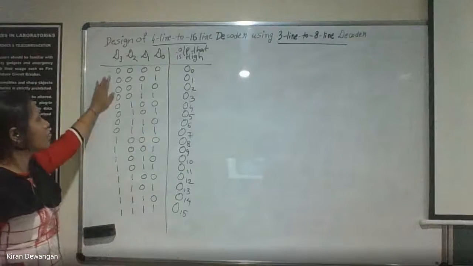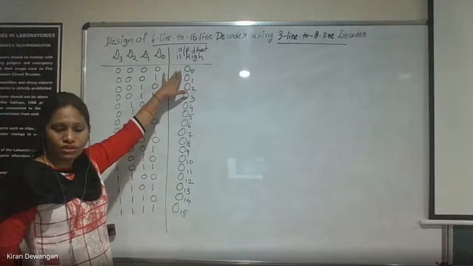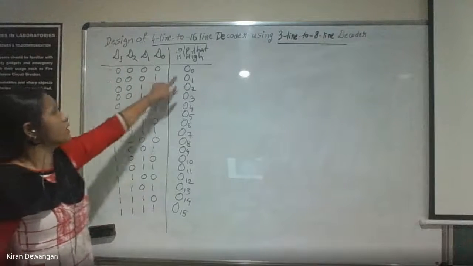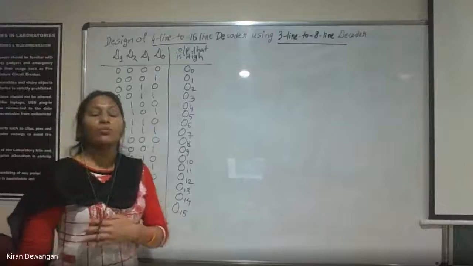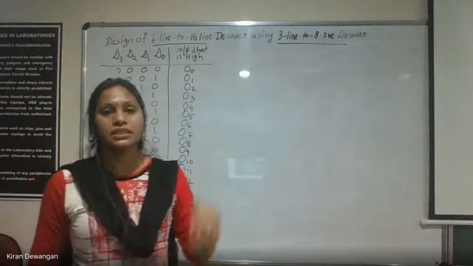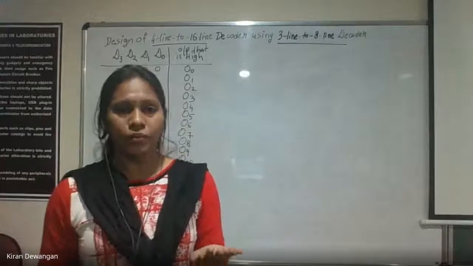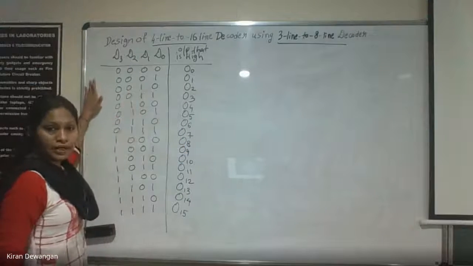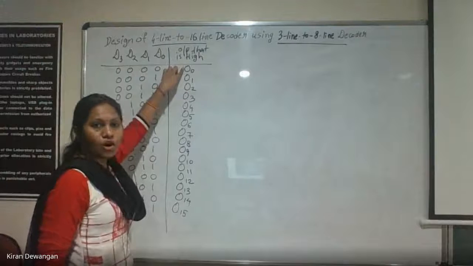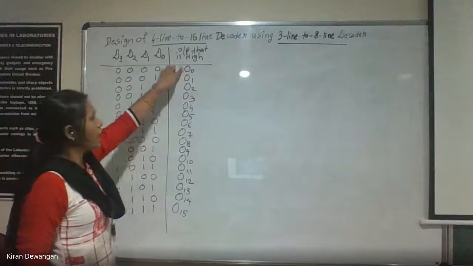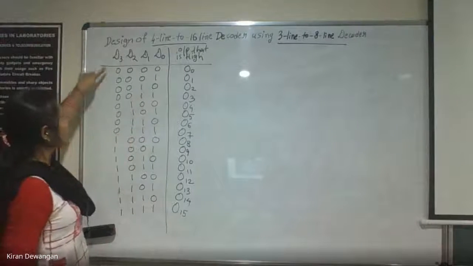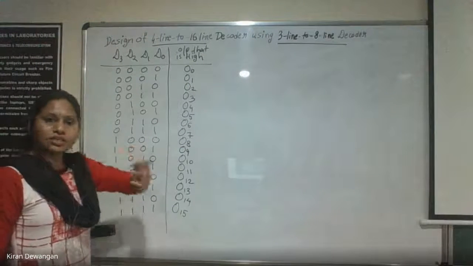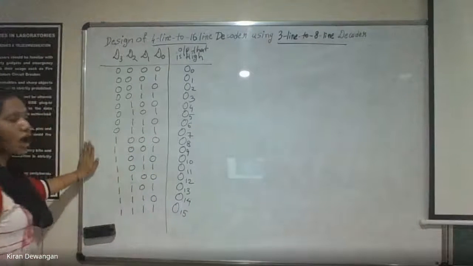That is, for this combination, O0 goes high. For this combination, O1 goes high. What does that mean? That means the rest of the other combinations are low. Clear? That is the only meaning: only this output will go high, and the rest of the outputs for this combination are low. Okay? So this is how we write.